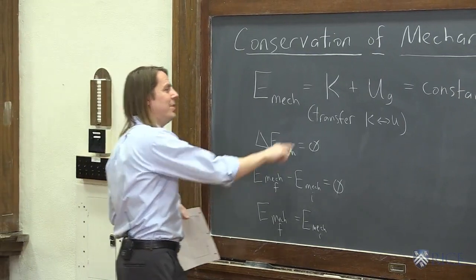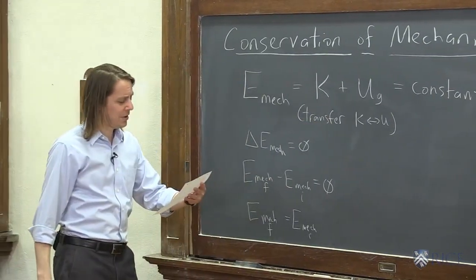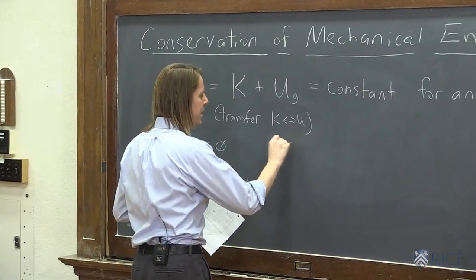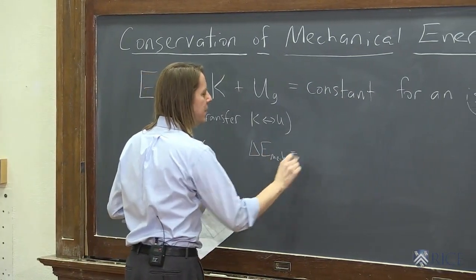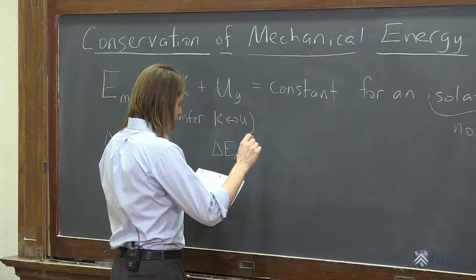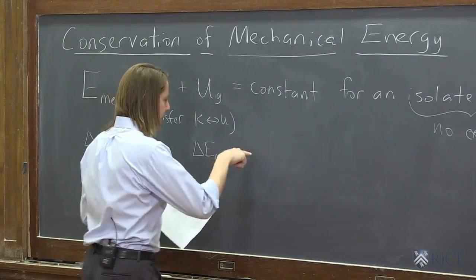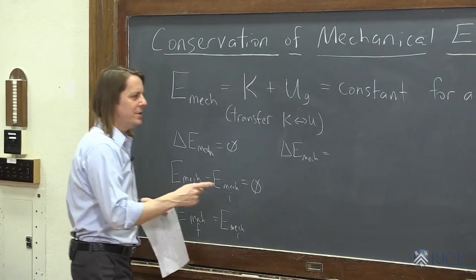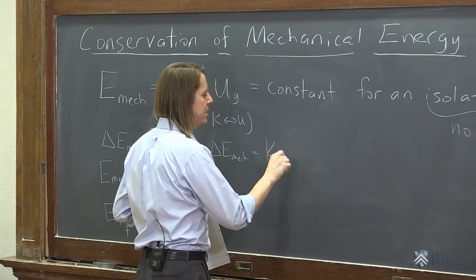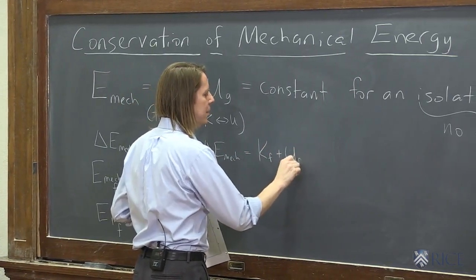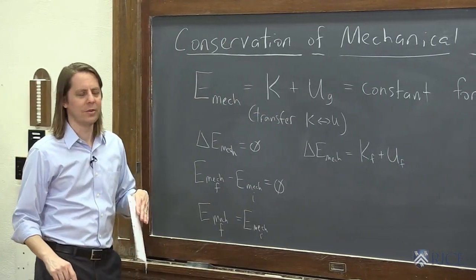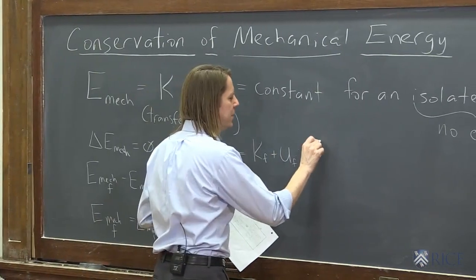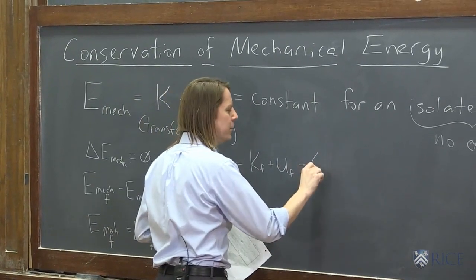You can even break it up into these two. So maybe you'll see it written this way. If the change in mechanical energy equals the final minus the initial, we already wrote that, right? So the final mechanical energy is the final kinetic energy plus the final potential energy. I'll leave off the gravitational G for now, we'll just call it UF. And that would be minus the initial kinetic energy, minus the initial potential energy.